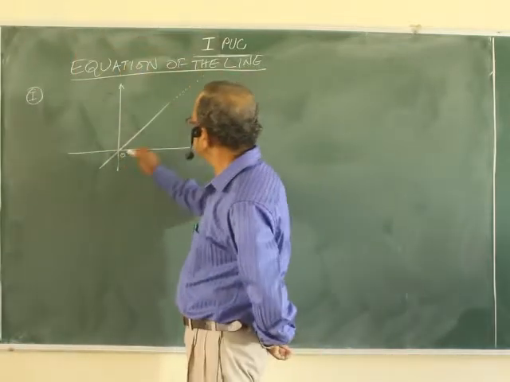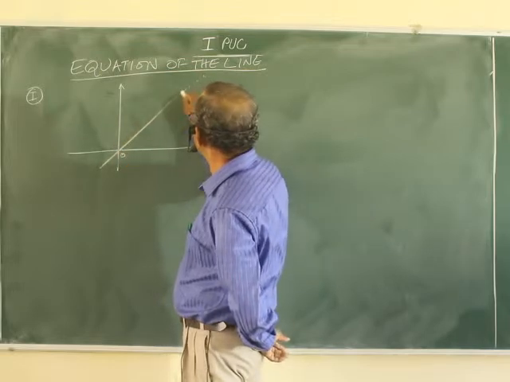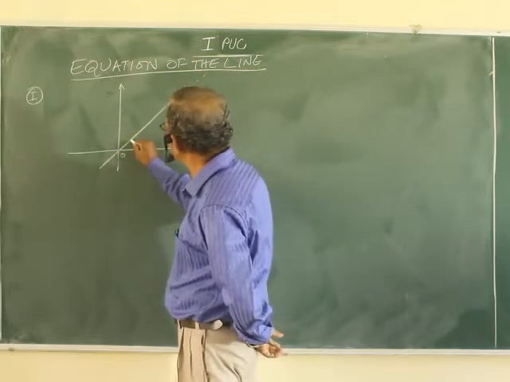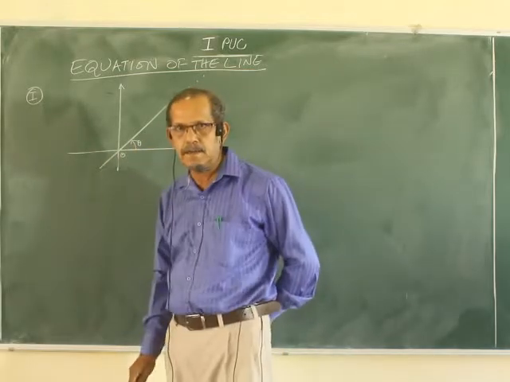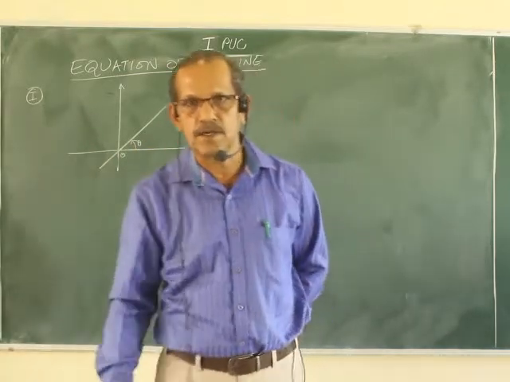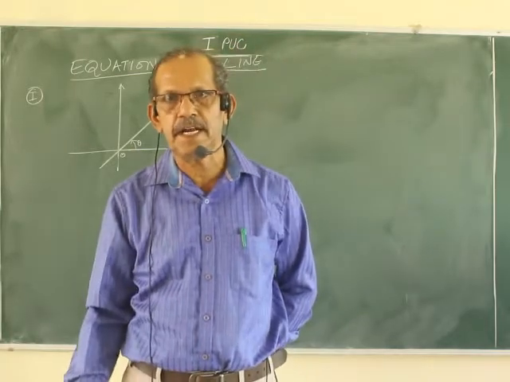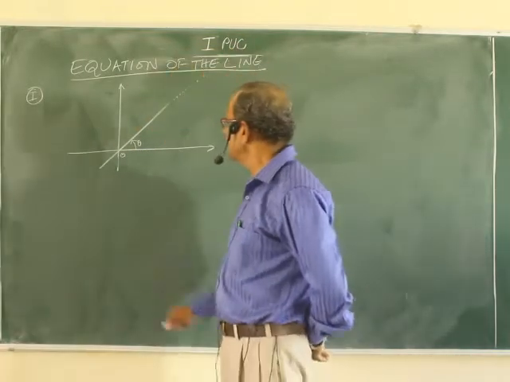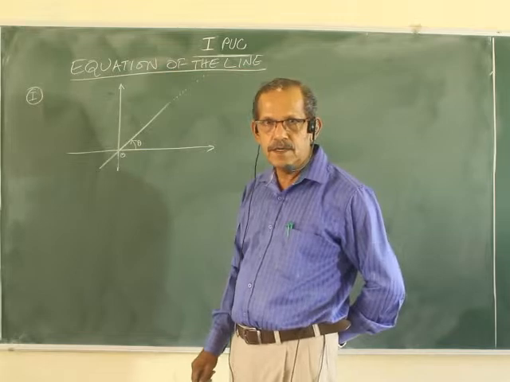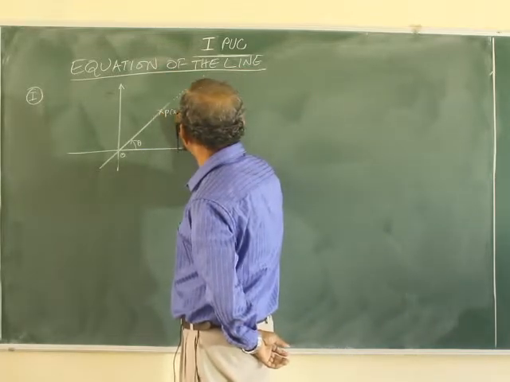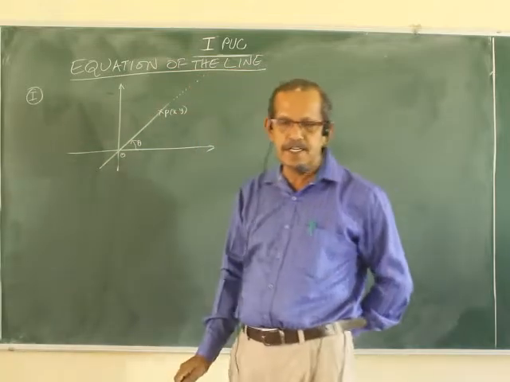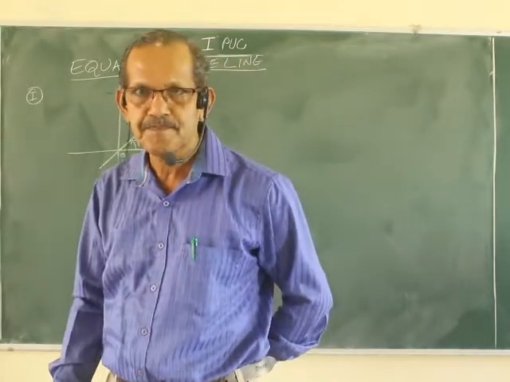Passes through the origin means it is the locus of the point which moves such that angle of inclination is constant. Don't say it is 45 degree, remember. It is some angle, don't know, 60 degree, 75, 80, whatever may be. Now, how to write the equation I told? Consider the representative point P(x, y), any representative point on the locus.